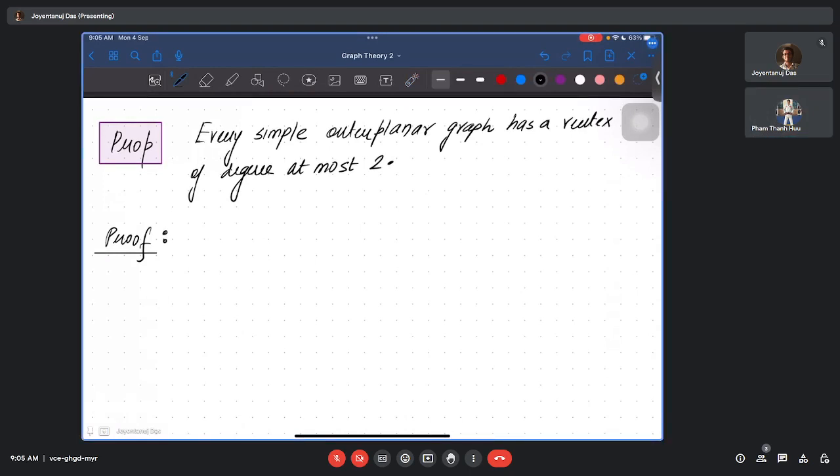So it is sufficient to prove for connected graphs, right? So we'll use induction on the number of vertices.